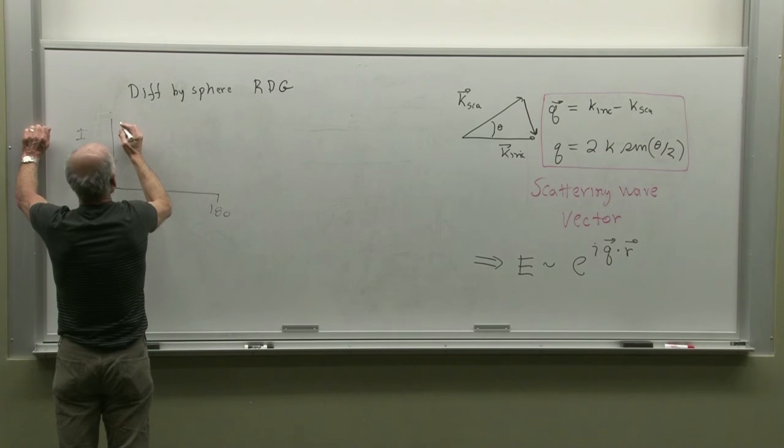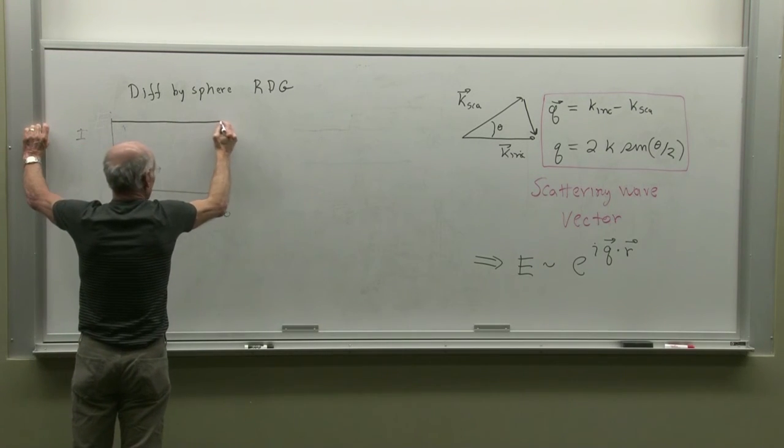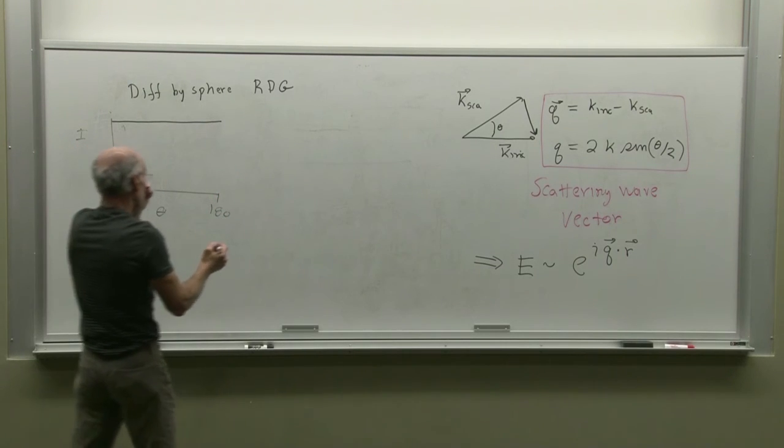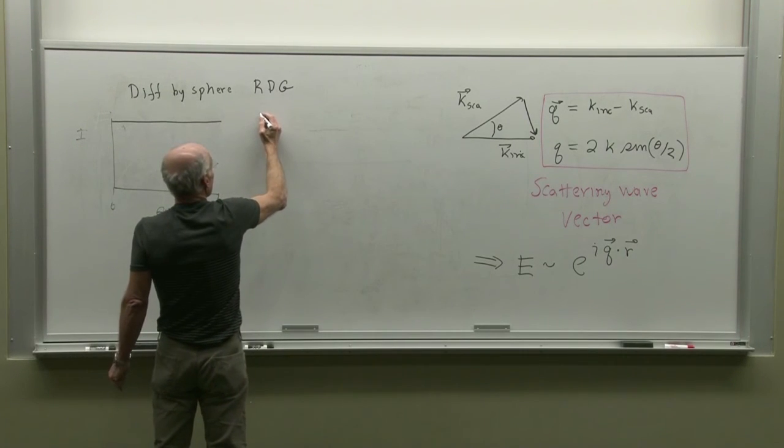If you plot it for different sizes, if the size is really small, it's isotropic scattering. And that's specified by what's called the size parameter.